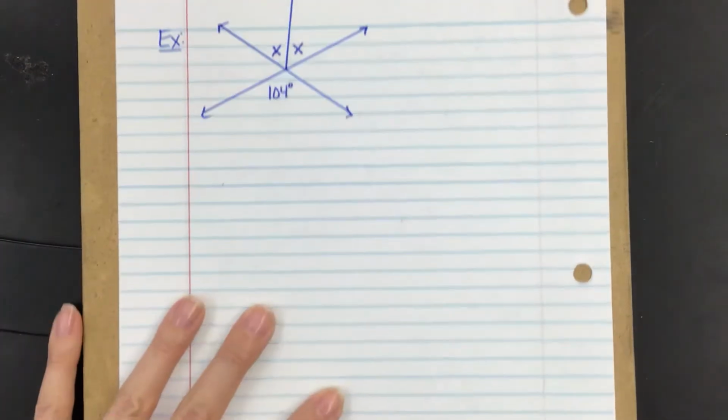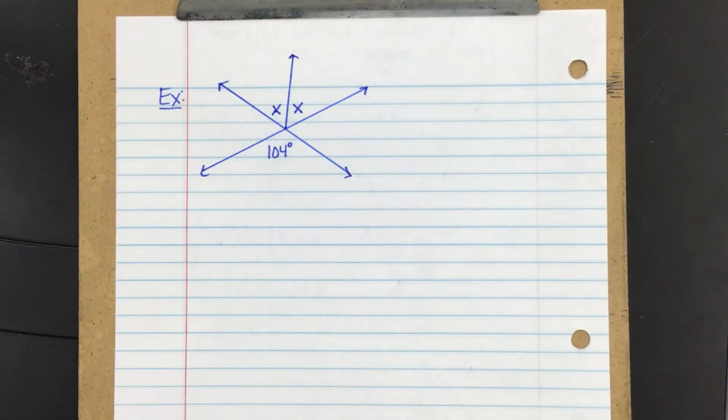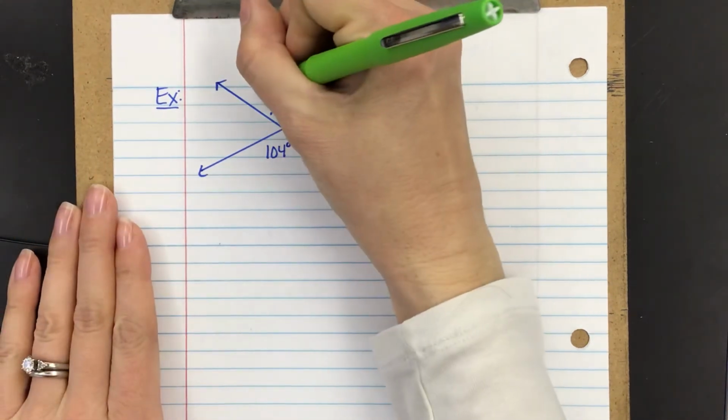How many of you know what x is already? Okay, say it out. 52, good.